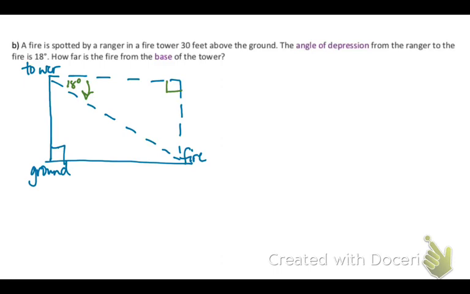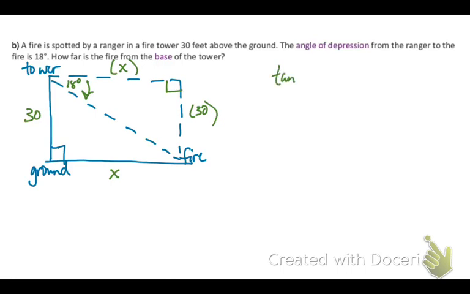I went ahead and put in my angle of depression. I labeled it 18 degrees. How far is the fire from the base of the tower? So that's the ground length, x. But that length is also part of the triangle above because we have a rectangle. So now using that triangle up above, we look at what we know and what we want to know. The tower is 30 feet, and that parallel height is also 30.